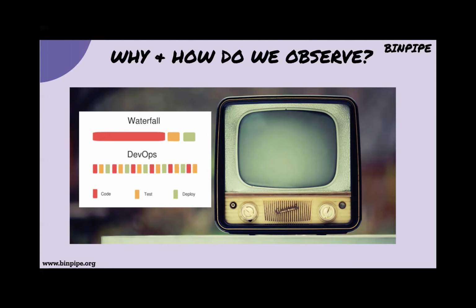So waterfall is one of the models which was being used a long time ago. But when we bring it to the context of monitoring, what happens in waterfall model? You do each phase once, and once each phase completes, only then you move on to the next phase. For example, you are building a website.